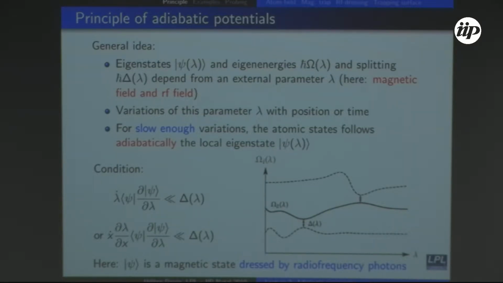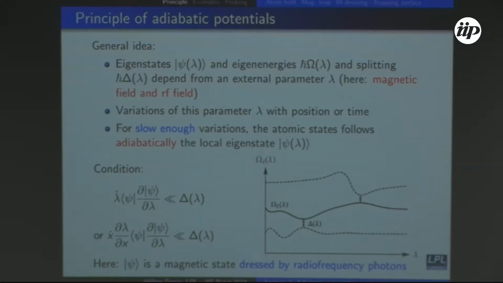any external parameter. So this parameter can vary either with time or position, and we wonder, are these eigenstates that we computed for a given value of this parameter still relevant if we vary this parameter or not? And this is true, that they are still relevant for slow enough variations of this parameter lambda. So this is the theory of adiabaticity.